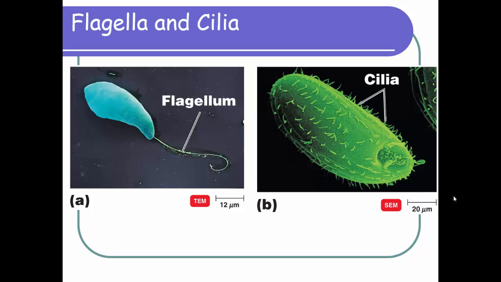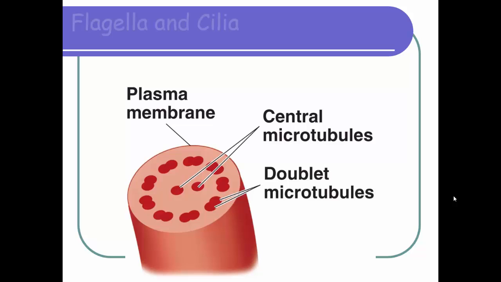Certain eukaryotic cells also have flagella and cilia. What is the only human cell that has a flagellum? The flagella and cilia are both composed of protein rods called tubulin. These rod structures are arranged in what we call the 9-2 array. You have 9 doublets around the outer surface and 2 single central microtubules.